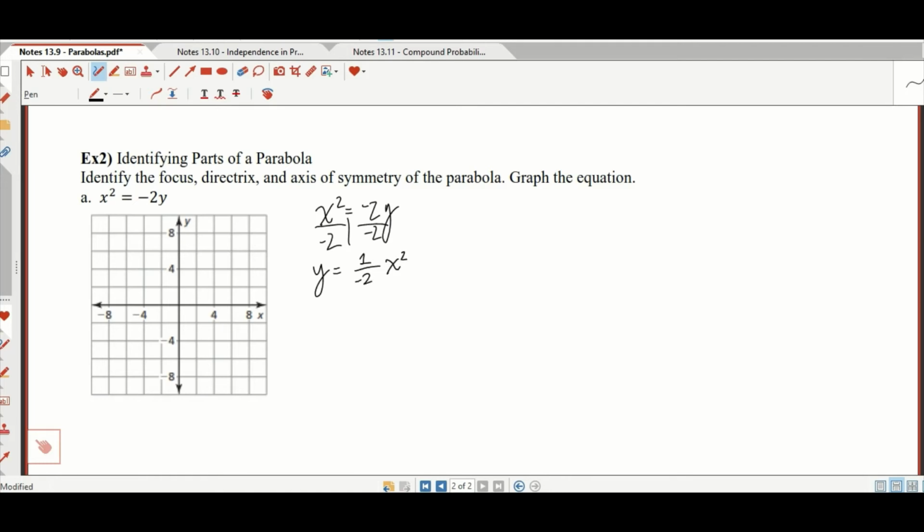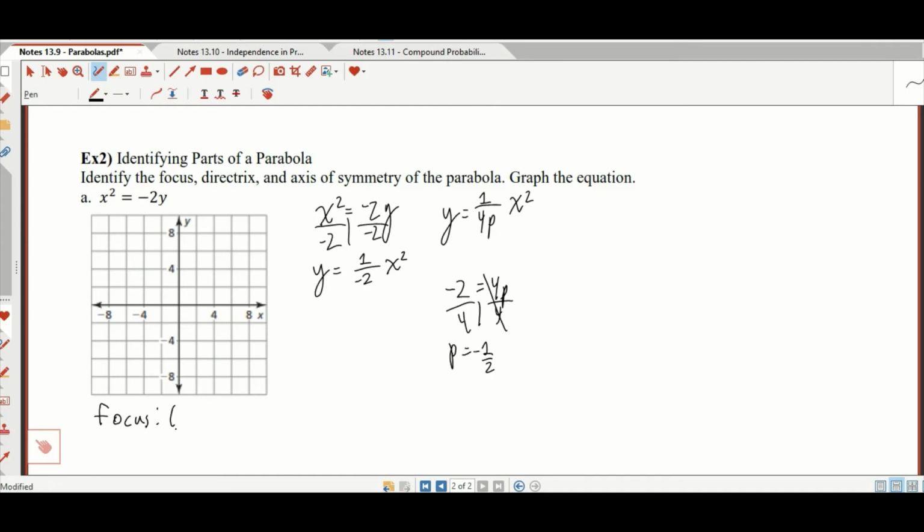Now, why am I doing this? Because the form it's supposed to have is 1 over 4p x squared. So I know that negative 2, the denominator of that fraction, is equal to 4p. So if I divide both sides by 4, I get p equals negative 1/2.